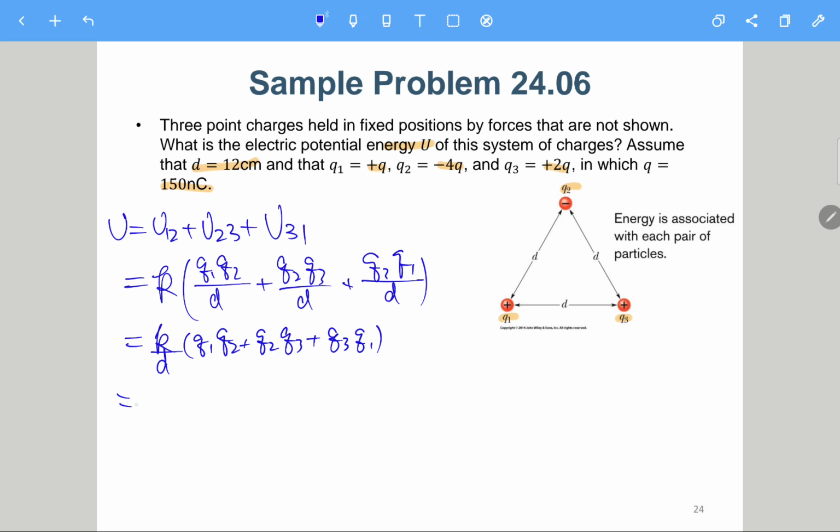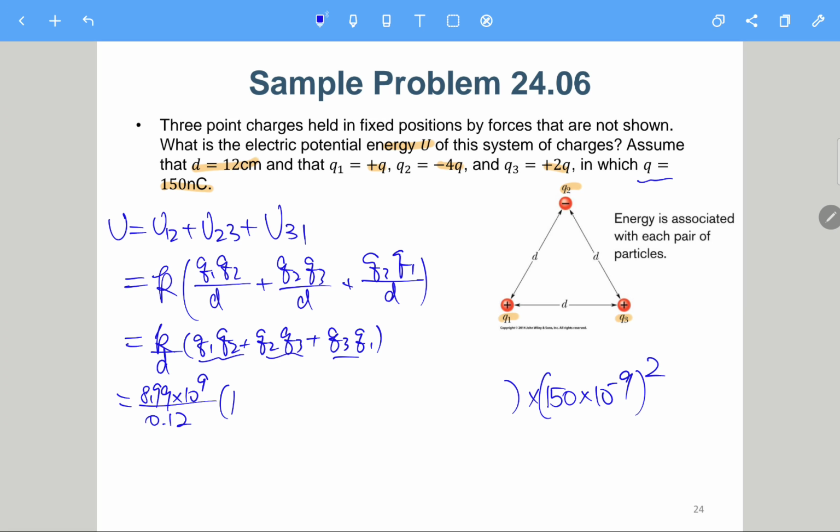So we substitute all the numbers. K is 8.99 times 10 to the 9. d is 12 centimeters, 0.12. Q is 150 nano, and then squared, because we have Q1, Q2, Q2, Q3, so this Q will appear two times for each term.